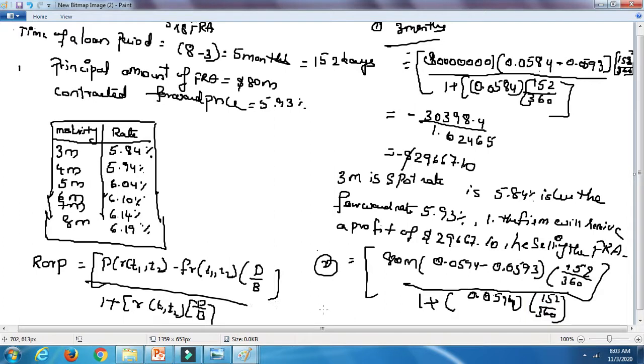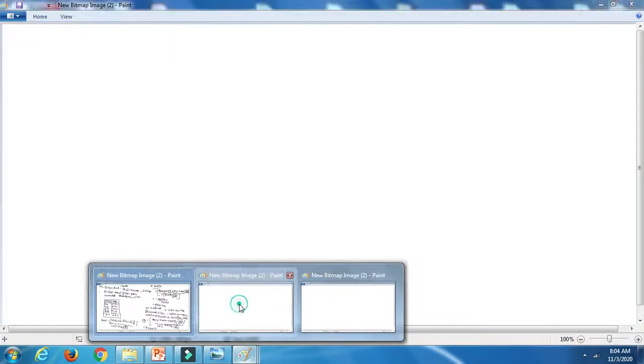If you calculate it, it will come to $3295.33.